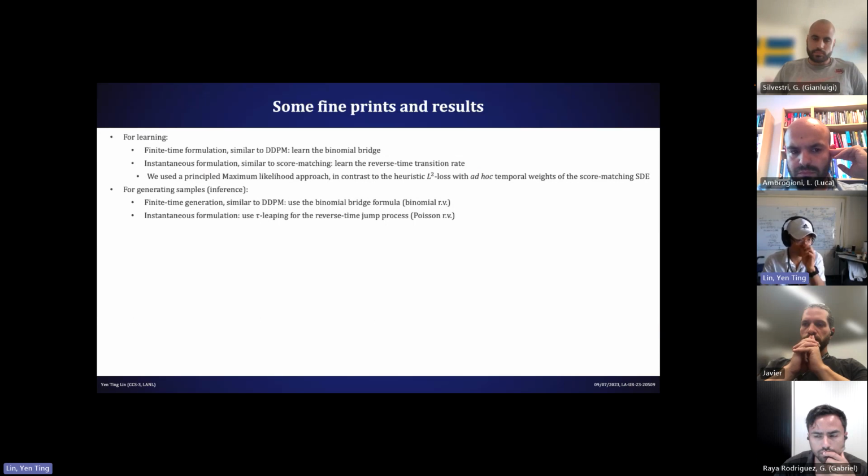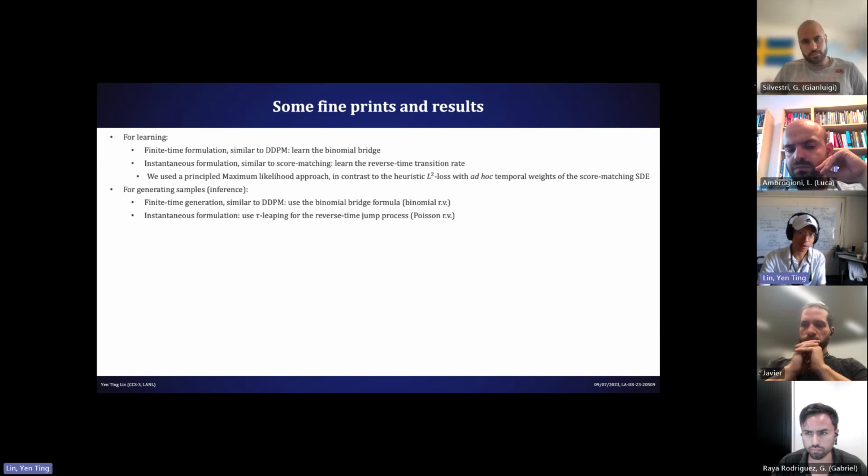Now, if you're familiar with score matching, they either apply L1 loss or L2 loss, which is another thing that we're not completely happy with. There doesn't seem to be a theoretical foundation for why L1 or L2. And if you really drill it down, you realize that there is a pre-weight, a weight for each time that you have to choose.